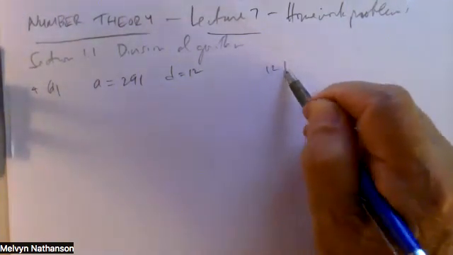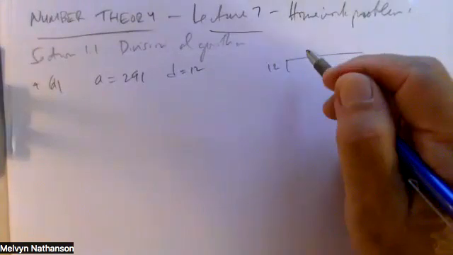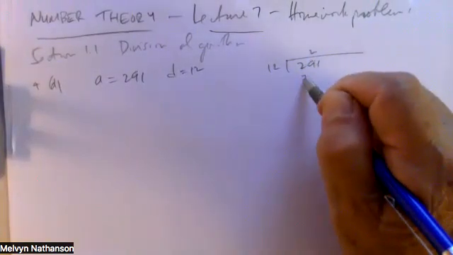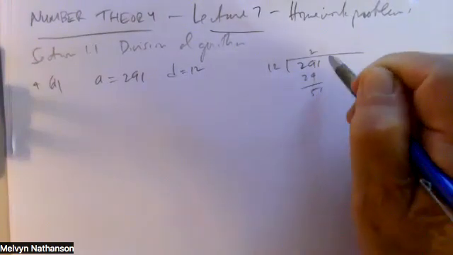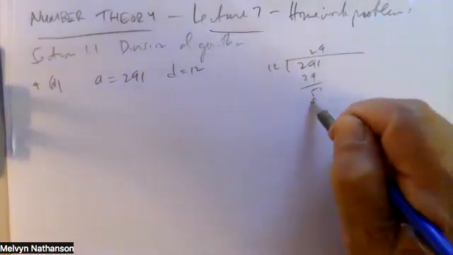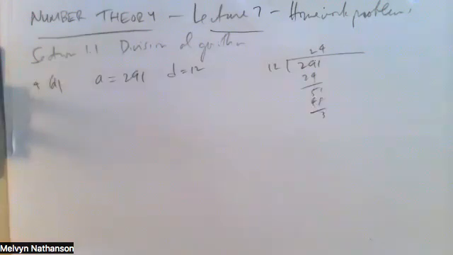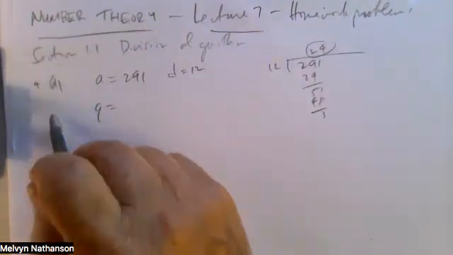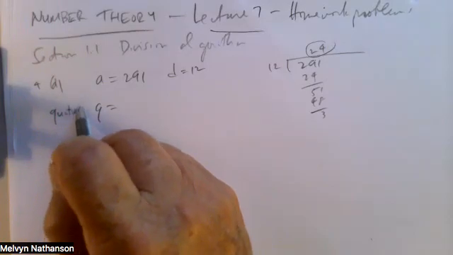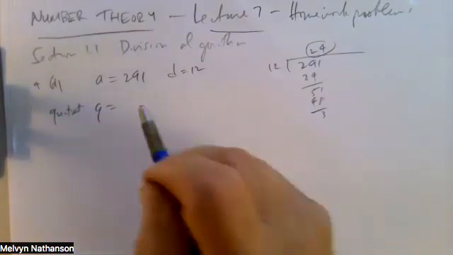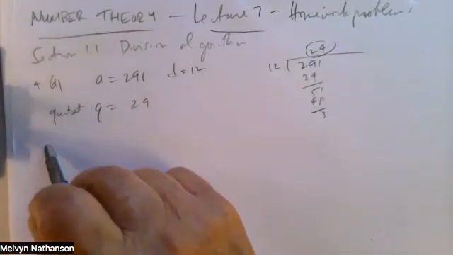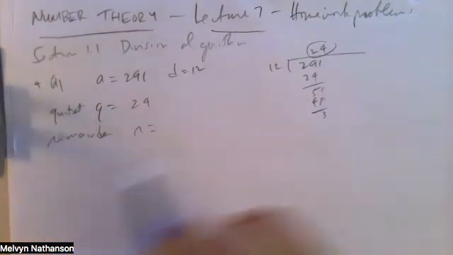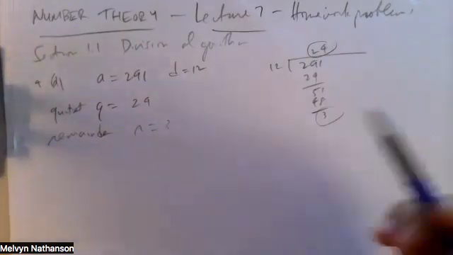So this is just asking you to do what you did in elementary school. 12 into 291, 2, 24, 51, 4, 48, 3. So the quotient Q is equal to 24. The remainder R is equal to 3.